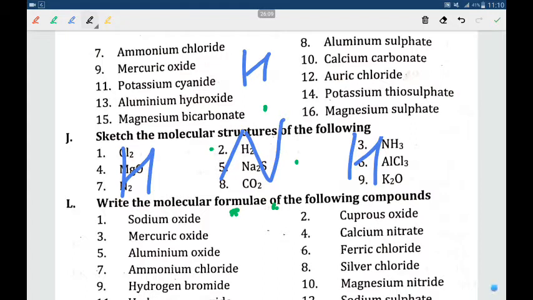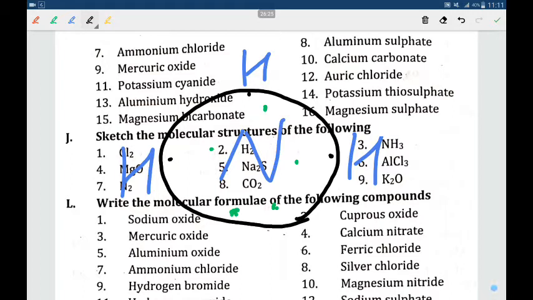Has got 1 electron here, 1 electron here, 1 electron here, right? Now this nitrogen shares all these electrons. Are they shared or not? Yes. It shares these electrons only. This electron also shares these 2 electrons only. This also shares these only.